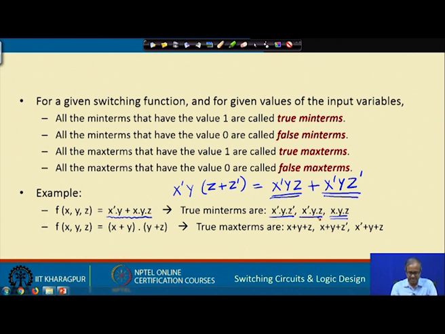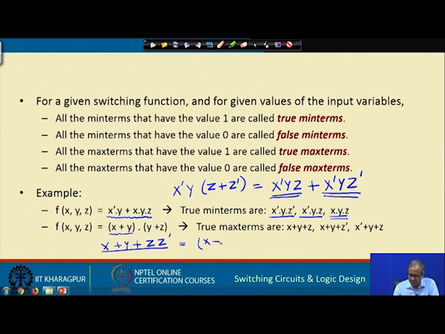Similarly, if you take a product of sums, there are some sum terms like x plus y, y plus z, and the product of those. Here again these are not max terms because all the variables are not present, let us say x plus y. So, what you can do? You can write it as x plus y plus z z bar. z z bar is 0. So, anything OR 0 is the same thing. Now, you apply the distributive law.